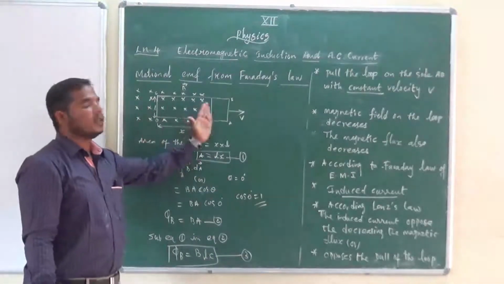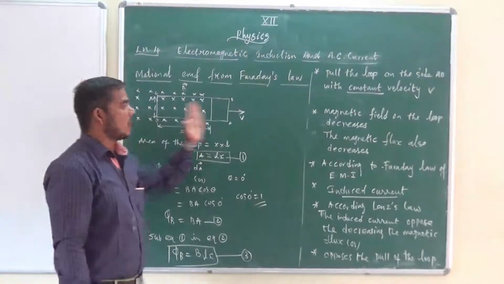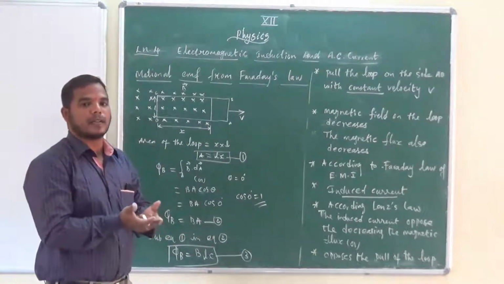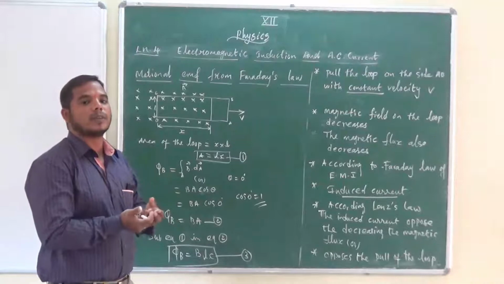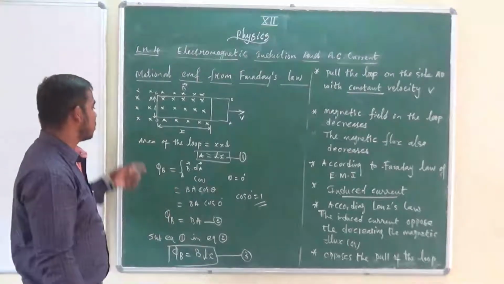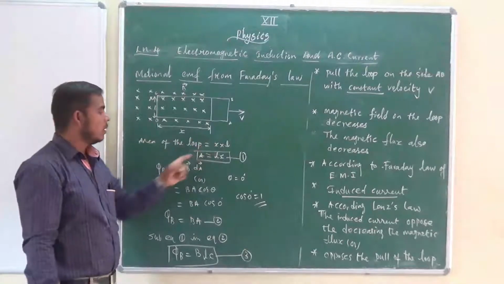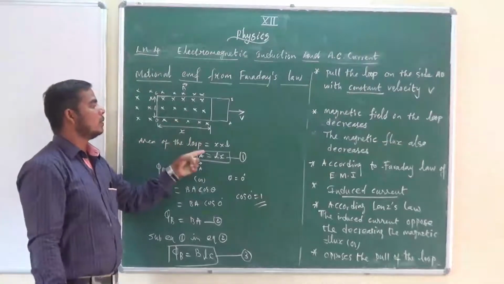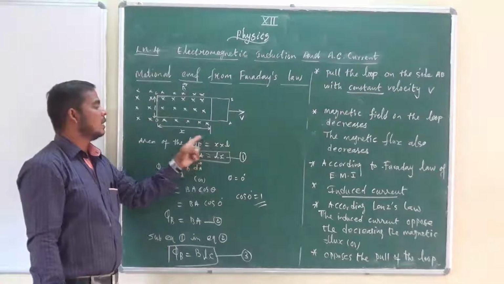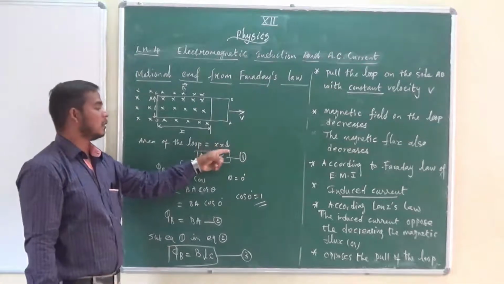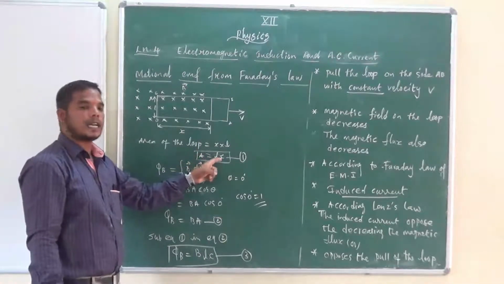When the loop moves with constant velocity, the magnetic flux changes. First we have to calculate the area of the loop. The area of the rectangular loop is length into breadth. Here length is x, breadth is L, so area equals L into x.